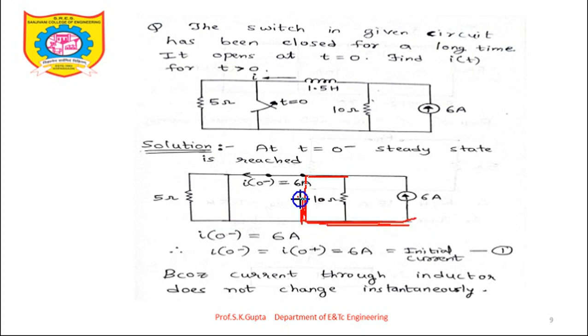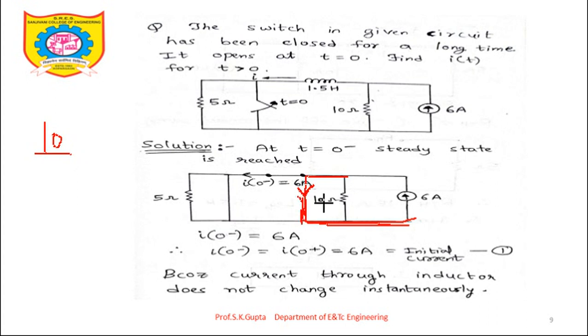Now what will be the current here? As this is a short circuit path, it is not opposing, so all this 6 ampere current will flow through this short circuit branch. If you have not understood, then you can apply the current division rule. This short circuit is in parallel with this 10 ohm, so according to the current division rule, I am finding out the current in this short circuit branch.